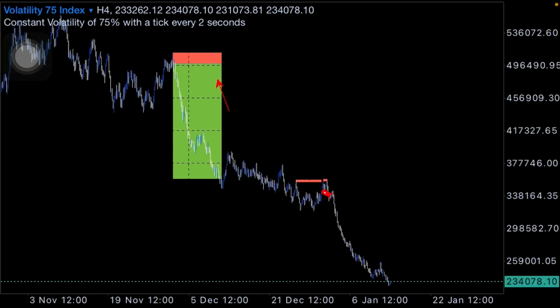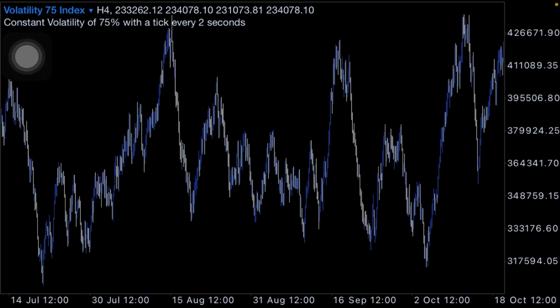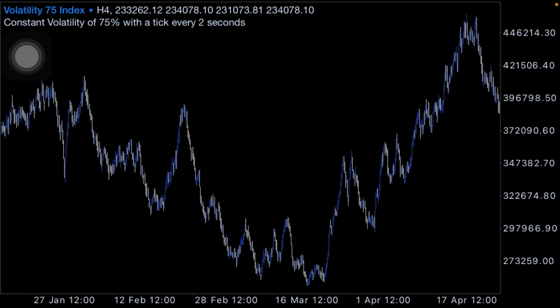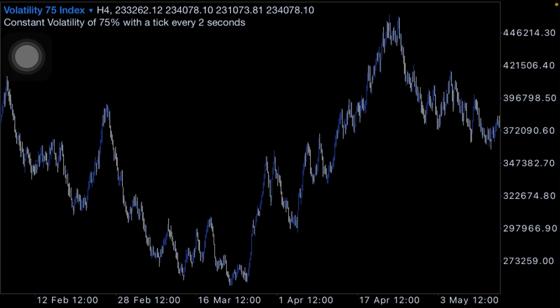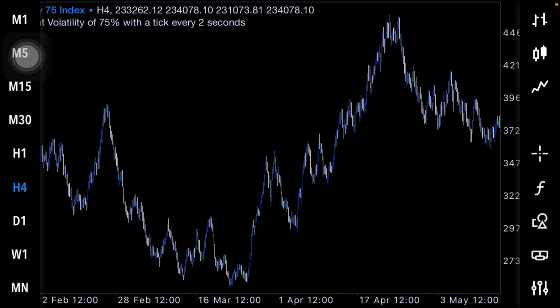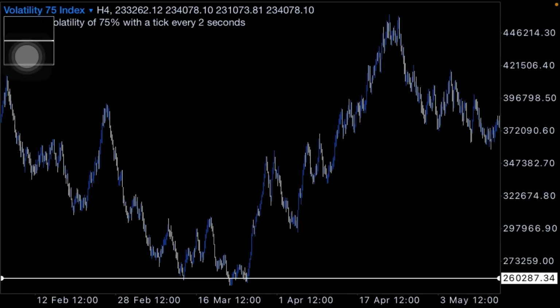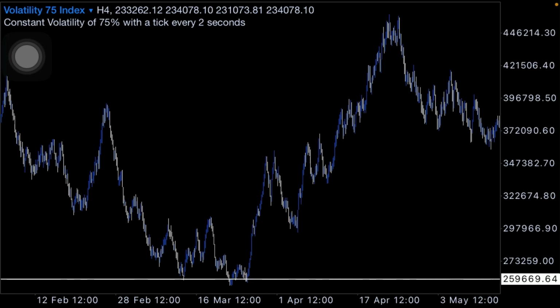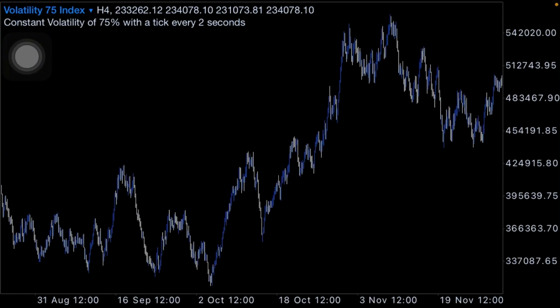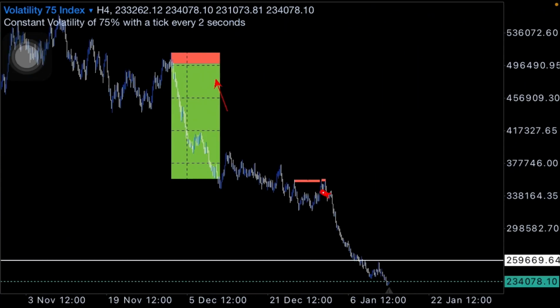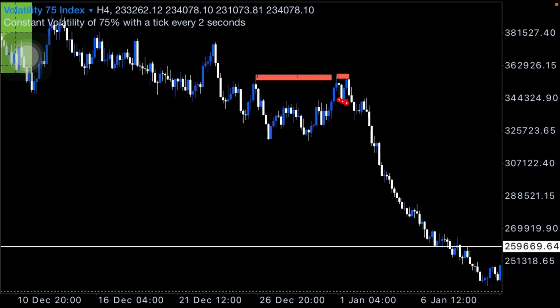Then I'll go to the higher time frame to find my take profit level. So in this case, I'll be considering this move right here as my take profit. All right, so you see the trade will definitely play out.